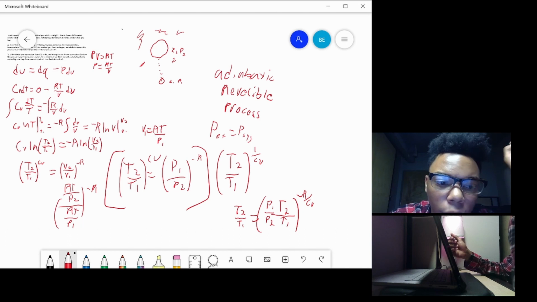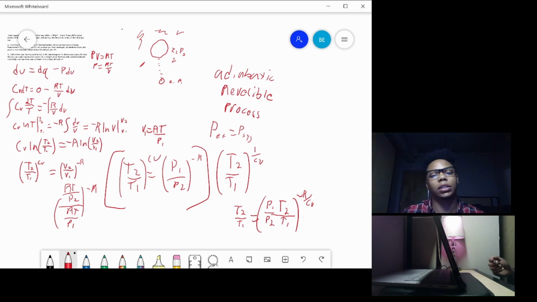But we can take this a step forward and actually dive deeper with this to make it look a lot cleaner.